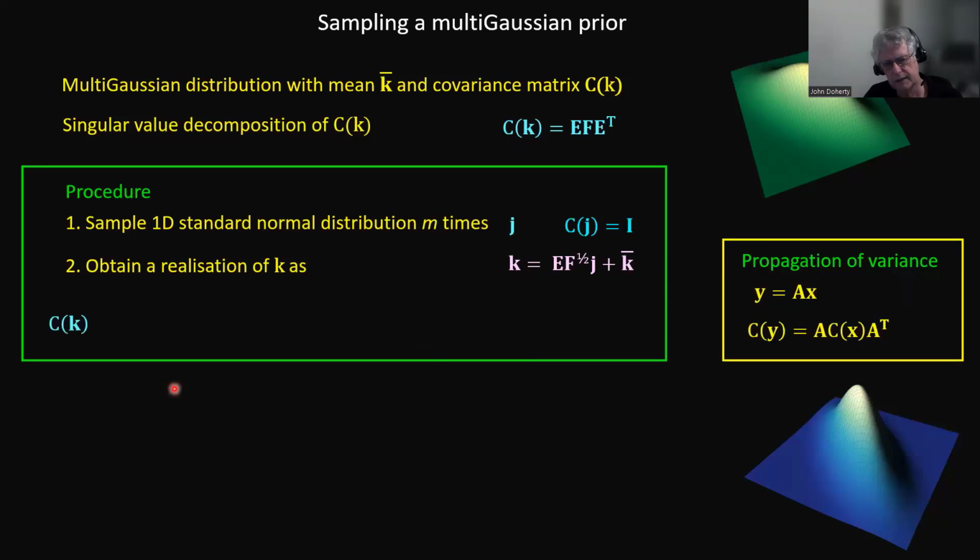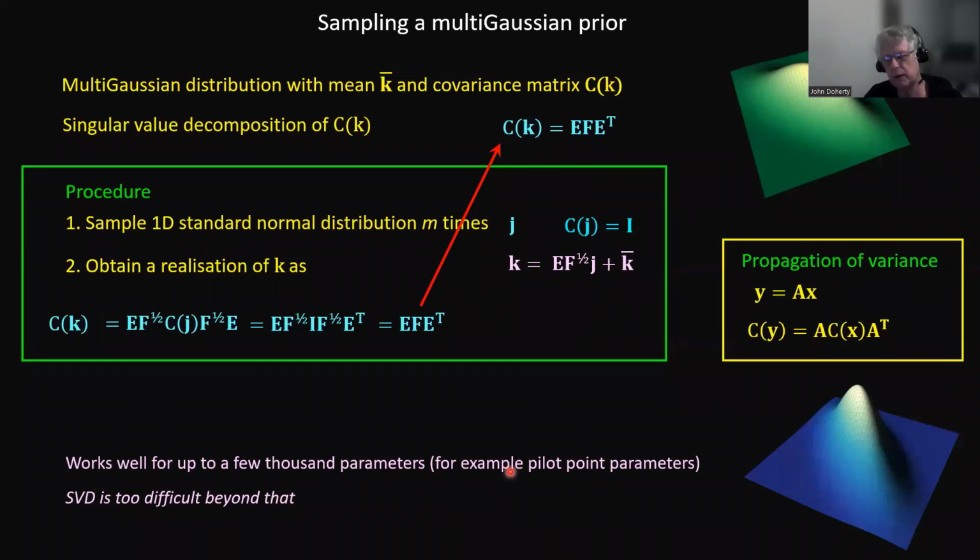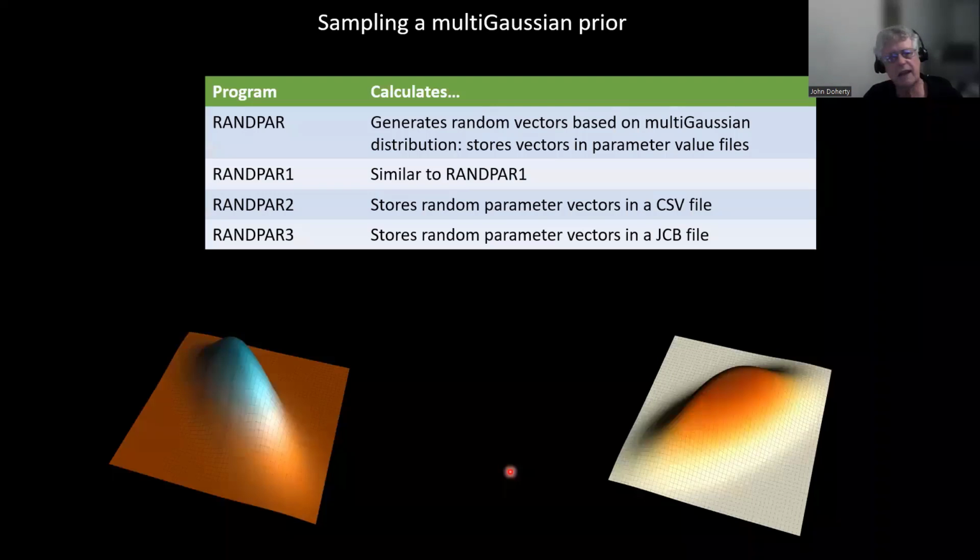So CK equals applying this equation to that equation to get the blue equation. The covariance matrix of J is the identity matrix. Things cross out. Yes, the covariance matrix of K calculated from J in this way is CK. So that's easy. That'll work with pilot point parameters 20,000 or less. Utilities available from the PEST suite and the PyEMU suite will allow you to do that.